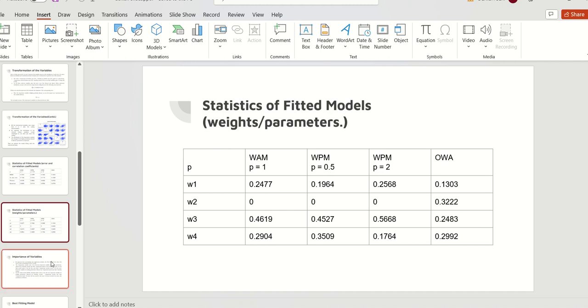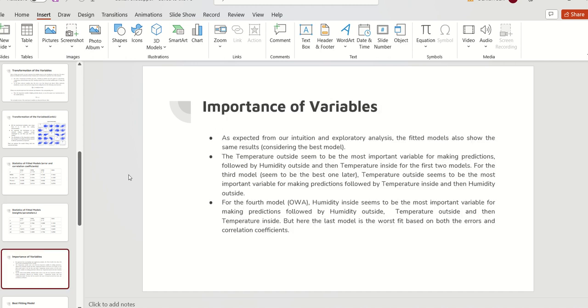The importance of variables. As expected from our intuition and analysis, the fitted models also show the same results. Considering the best model, the temperature outside seemed to be the most important variable for making predictions, followed by humidity outside and then temperature inside for the first two models.